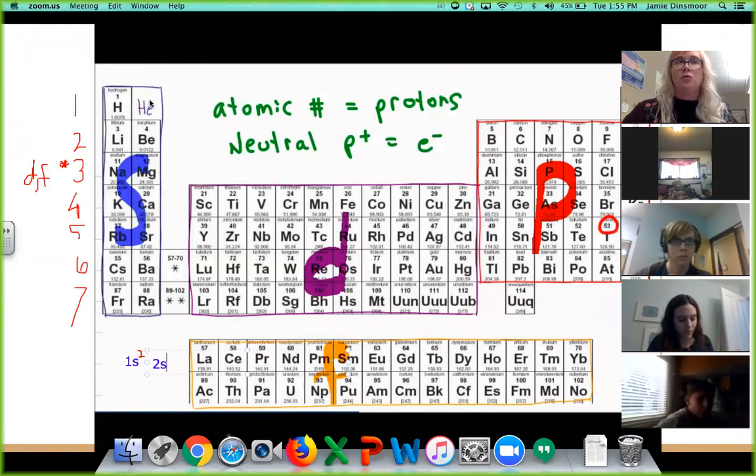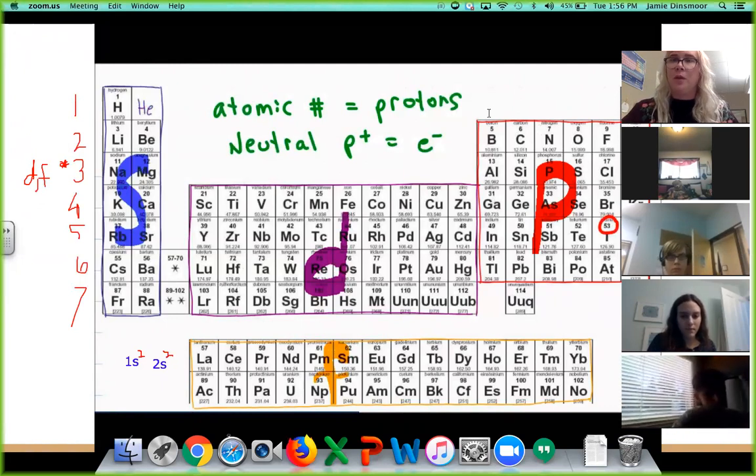So again, I'm going to denote that by putting a little exponent, which I know my 2's look kind of strange. It's hard to draw with my mouse finger. Then I'm going to keep going because I'm not to carbon yet. I'm coming over to my P section. Well, how many electrons do I need in P to get to carbon? 1, 2. I'm at carbon.